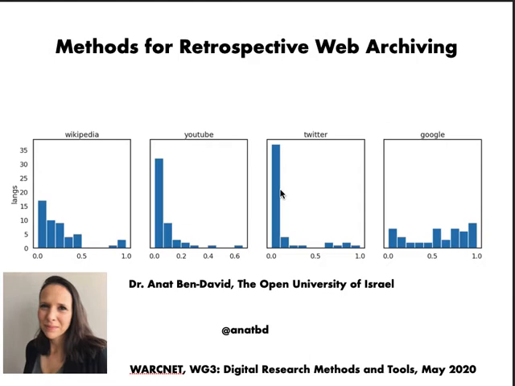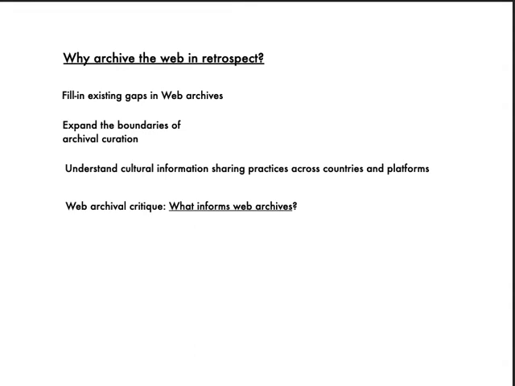And my contribution to this session about digital research methods and tools is to propose a method for archiving the web in retrospect. Retrospective web archiving may be useful for both librarians and researchers. It may be used to fill in existing gaps in web archives.